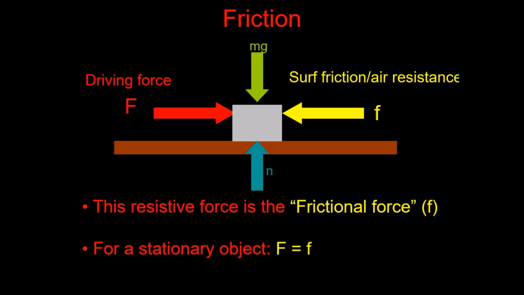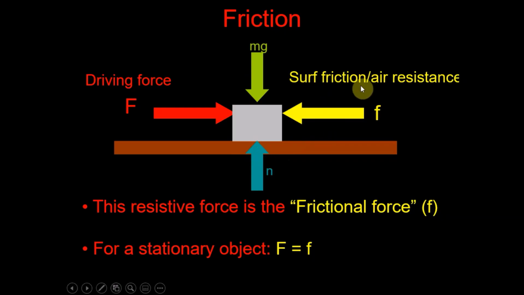If we're to look at our free body diagram, and by the way, it wouldn't matter if your force F was pointing this way or this way, as long as the directions are correct. Here we are providing a driving force to this block, moving it from the left to the right. If we do that, there will be an interaction between the block and the surface.